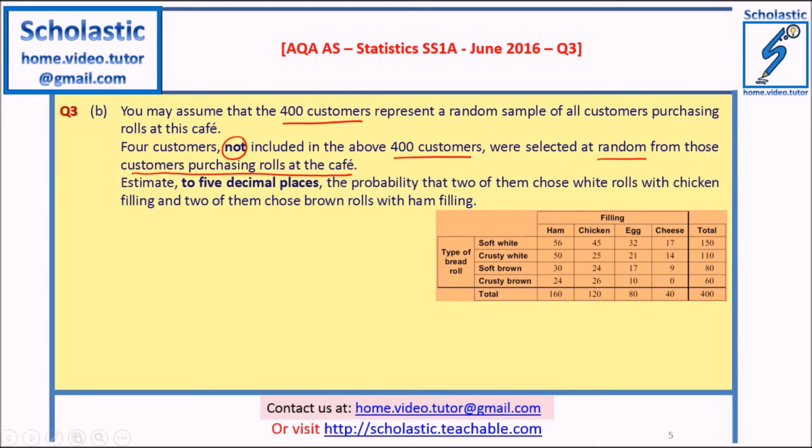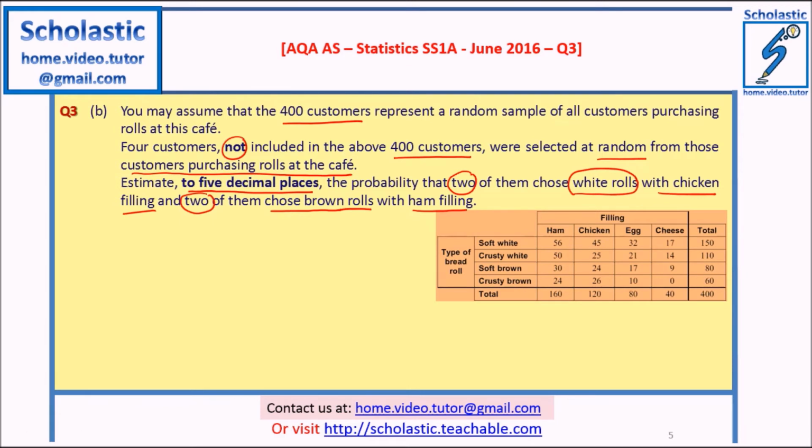To 5 decimal places, estimate the probability that 2 of them chose white rolls with chicken filling and 2 of them chose brown rolls with ham filling. Interesting. Let's see what they are going to ask here.